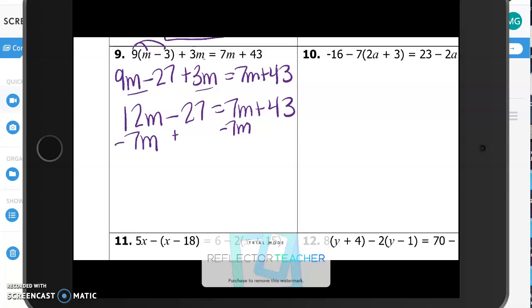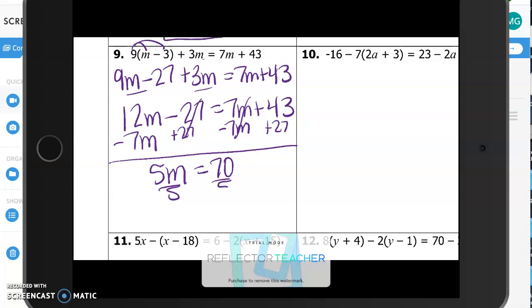At the same time, I'm going to add 27. So I would get 5m is equal to 70. Then I can divide both sides by 5 and get m equals 14.